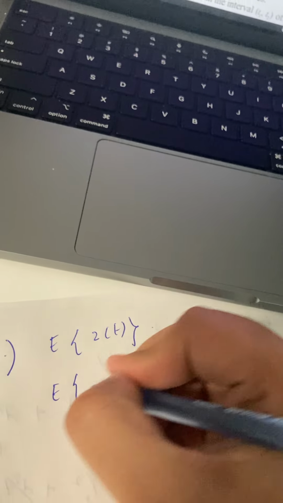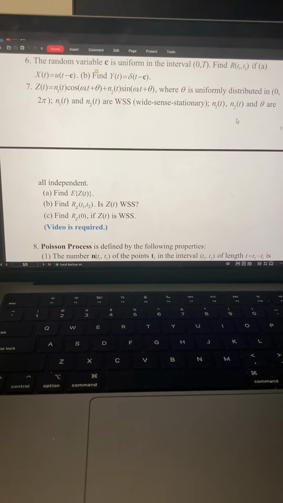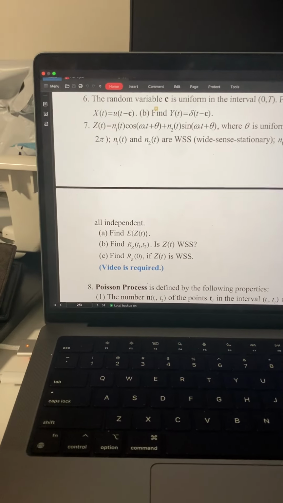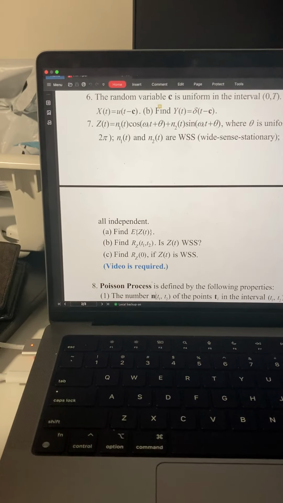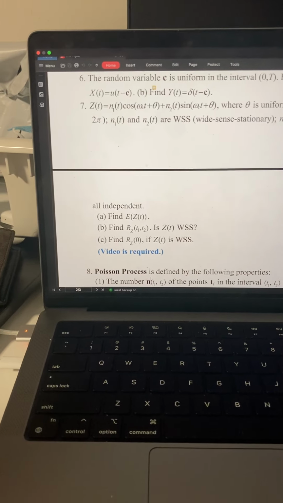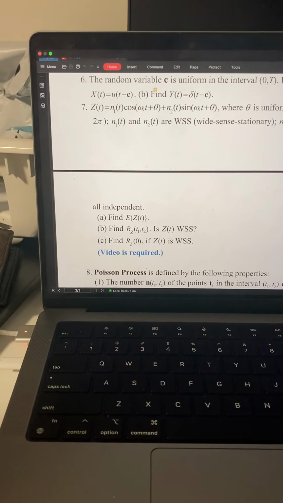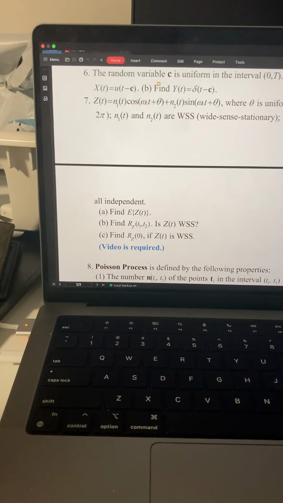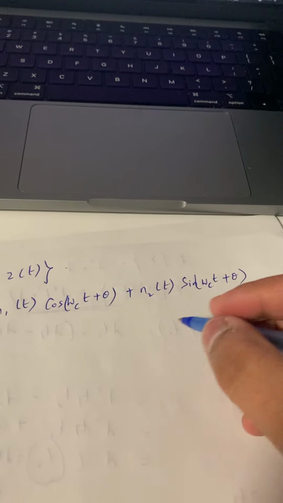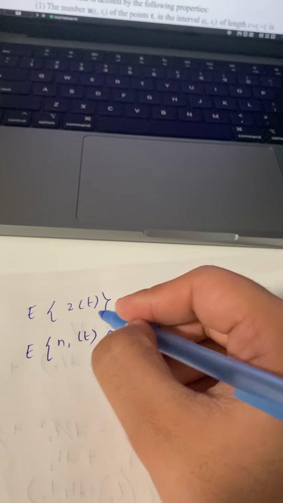Z of t is given as n1 of t cos of omega c t plus theta, plus n2 of t sine of omega c t plus theta. This is given from the equation; I've just substituted it in.